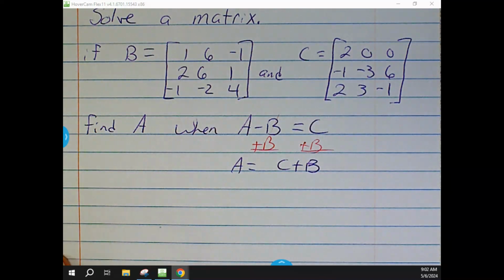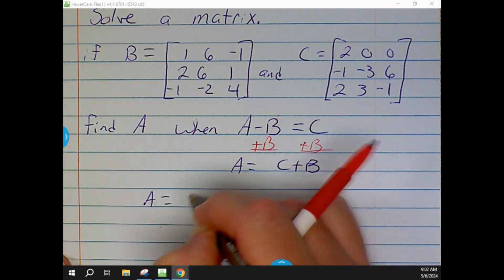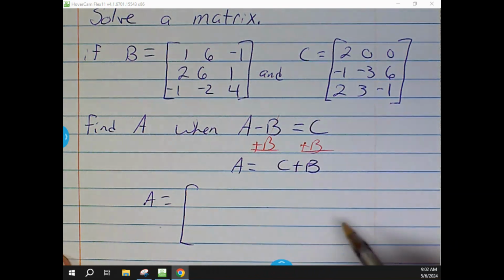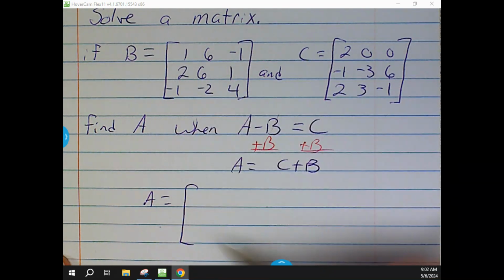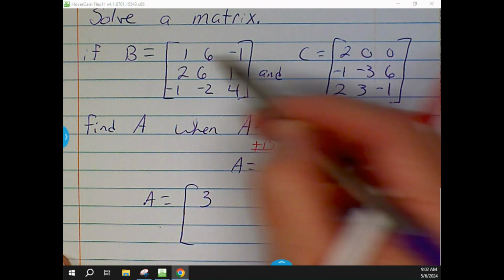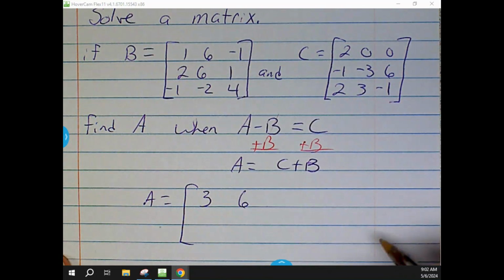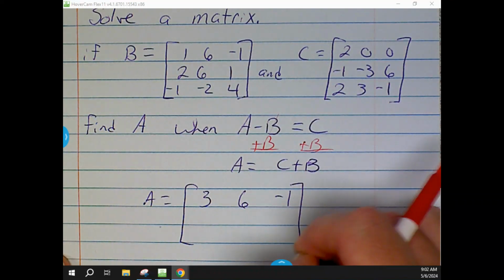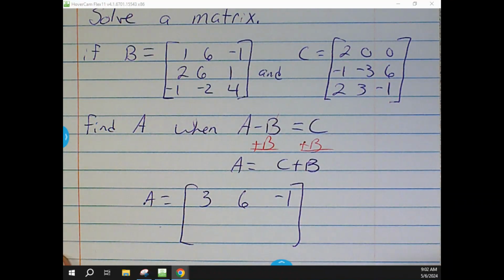Since it's addition, you're okay just combining the terms without showing the step. So if we're doing C plus B, it's 2 plus 1, which is 3. It's 0 plus 6, which is 6. It's 0 plus -1, which is -1.